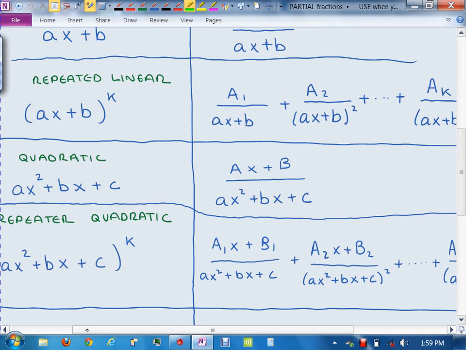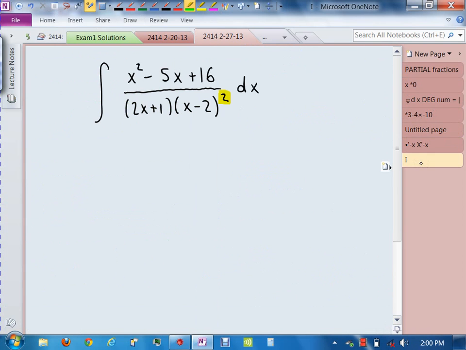And we keep doing that until we get up to the power that our linear factor is. What's our linear factor for this problem, though? 2. So we're only going to have 2 pieces, right? Yes? All right. So here we go. Here comes my partial fraction work.